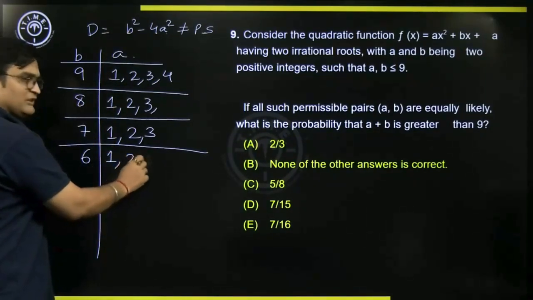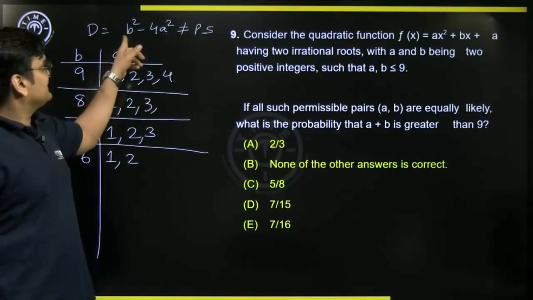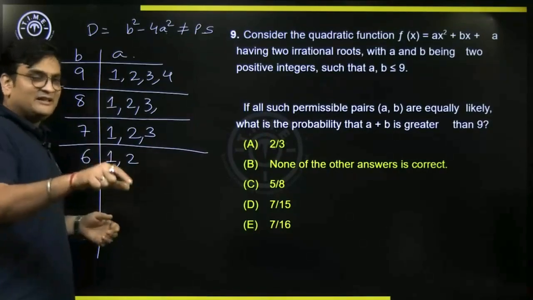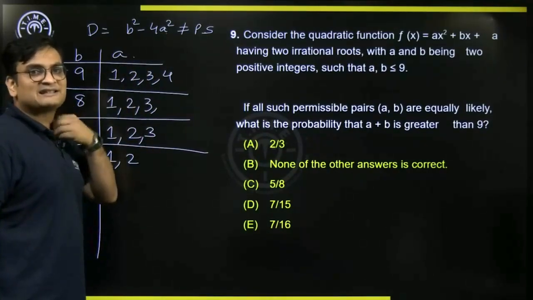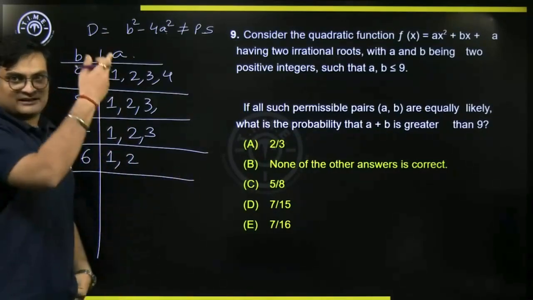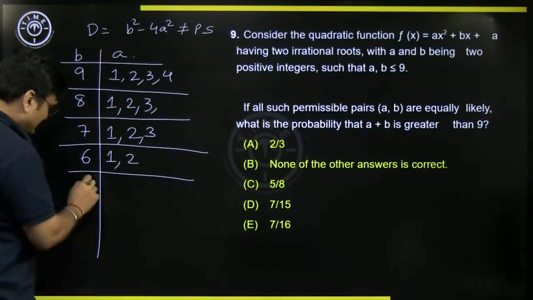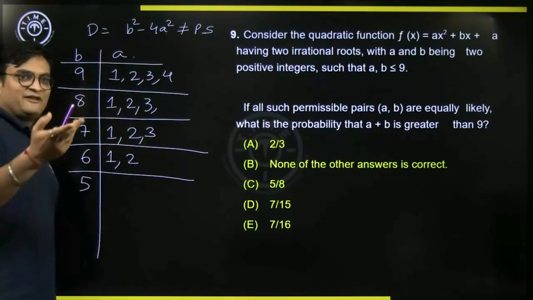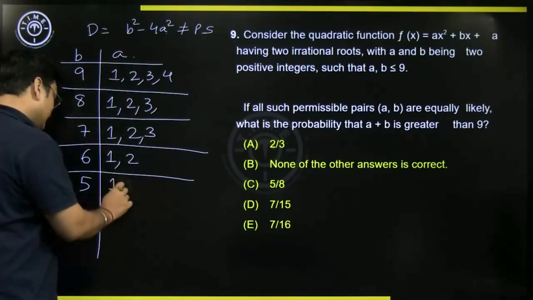A can be 2 also, because if you take a equal to 2, 36 minus 16 is 20, not a perfect square, we can take it. 3, can we take it? 4 into 3 square, 36. 36 minus 36 is 0, we cannot take that, because we will not get irrational roots.